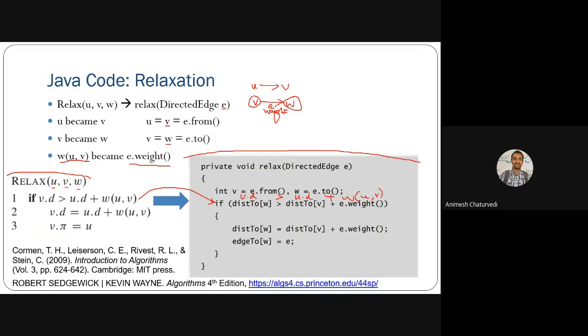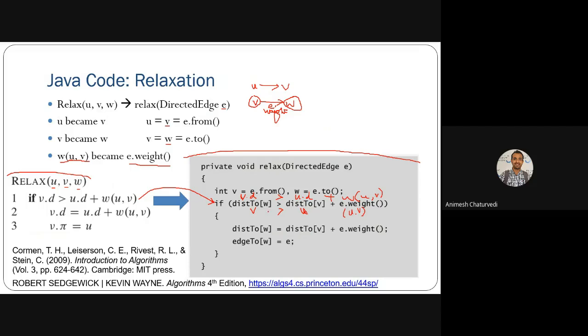Or if we redefine it, w becomes v, and v becomes u, and then u comma v. I hope you can interpret this. This is a very simple interpretation, meaning conversion.